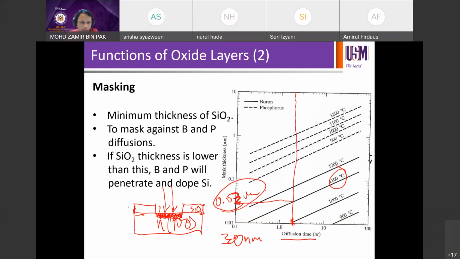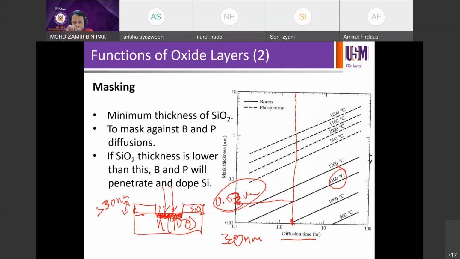So you need to have 30 nanometer at least. Beyond 30 nanometer lah. To be safe, maybe a couple of nanometer extra. So you need to have at least 30 nanometer of silicon dioxide in order to successfully block the boron from doping the left hand side and the right hand side of the silicon while running diffusion process at 1100 degrees C for 2 hours.